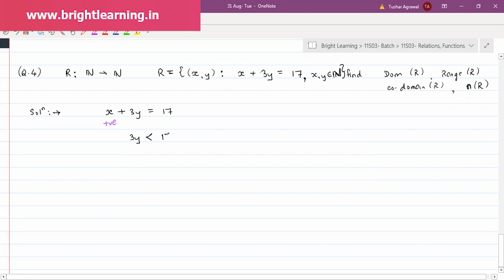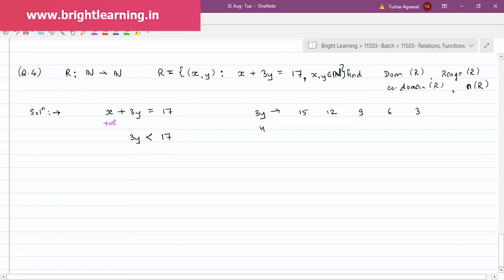So 3y should definitely be less than 17. And y is a natural number, so 3y is a multiple of 3 and less than 17. So 3y can be what? Either it can be 15, 12, 9, 6, 3. That's it. 0 will also do, but for that y won't be natural.